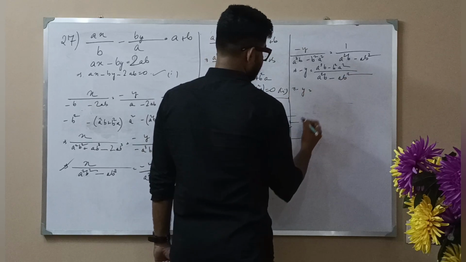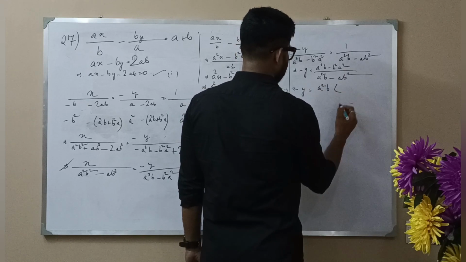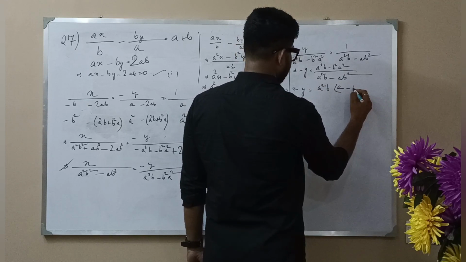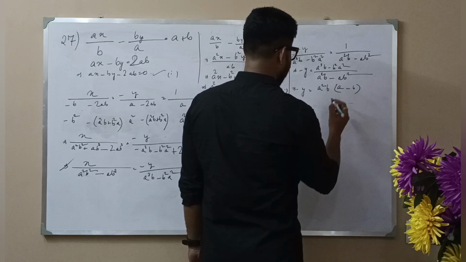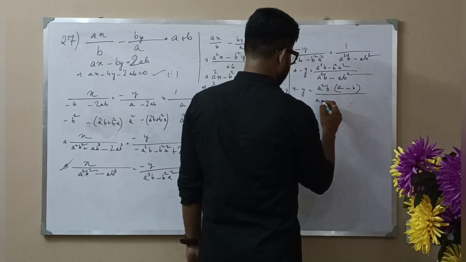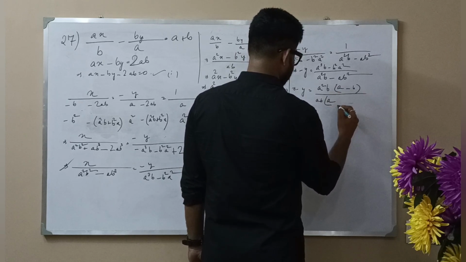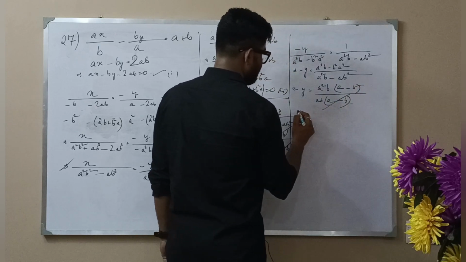Minus of y equals to, now I'll take a square b as common, a minus b, and again over here ab as common, a minus b, it will get cancelled.